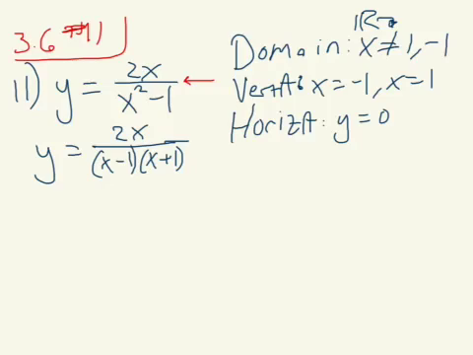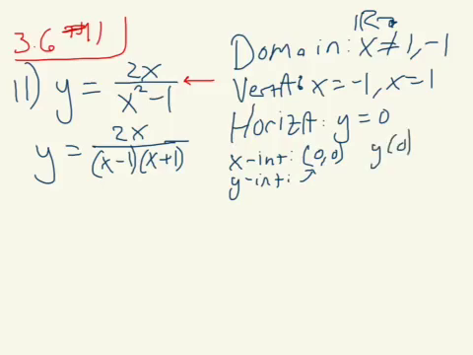If x is 0, what has y become? It becomes 0, so the x-intercept is 0, and the y-intercept is 0, so they're both 0. In review, how do we get that?